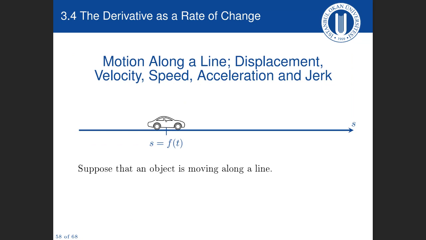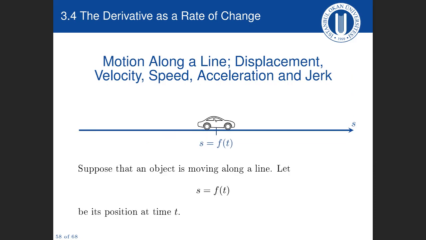We can also talk about motion along a line: displacement, velocity, speed, acceleration, and jerk. Let's suppose we have some object which is moving along a line. Let s, which is a function of t, be its position at time t.